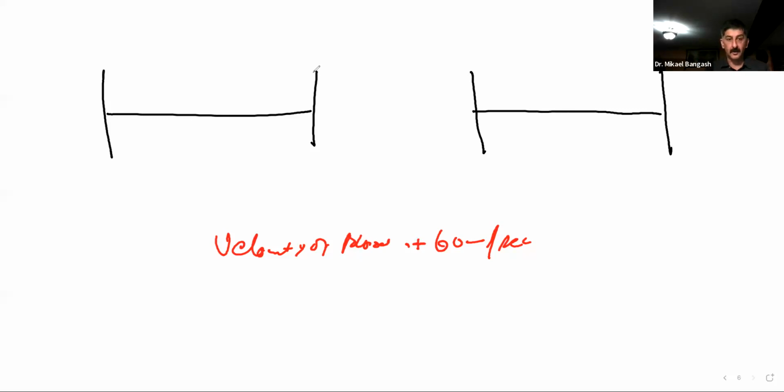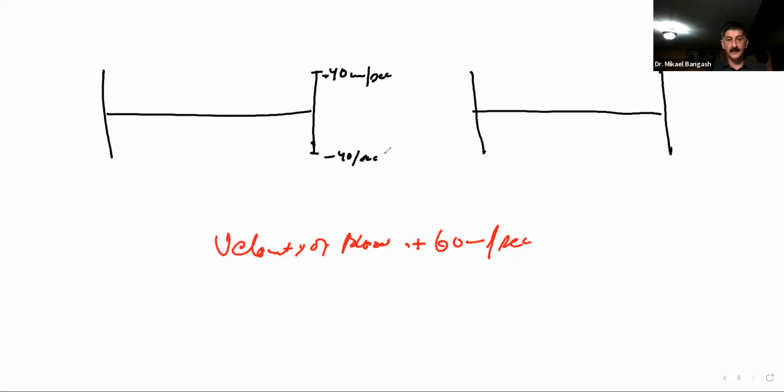Now, here I have set our Nyquist limit at, let's say, 40 centimeters per second on the positive side, and likewise minus 40 centimeters per second on the negative side.